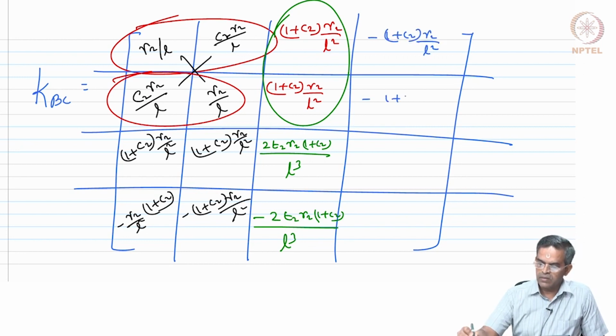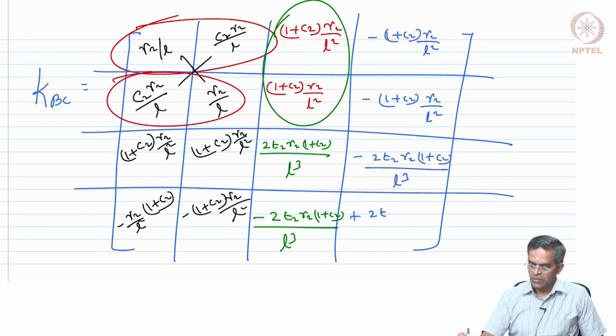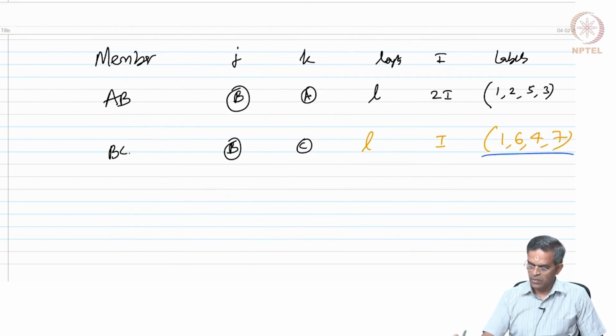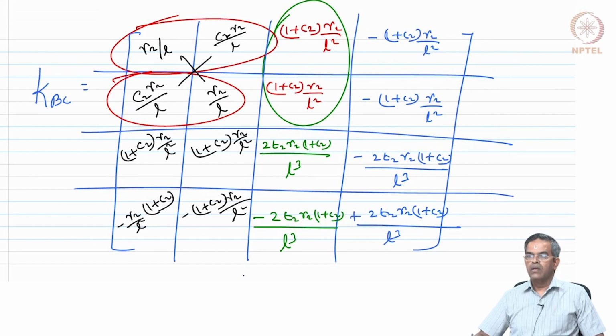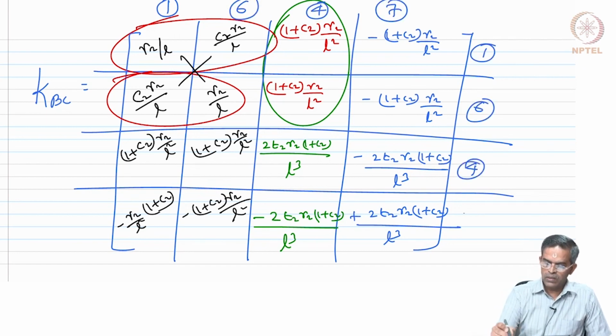The fourth column is minus of this. We also know the labels of this are 1, 6, 4, 7. So, let us enter the labels 1, 6, 4, 7.